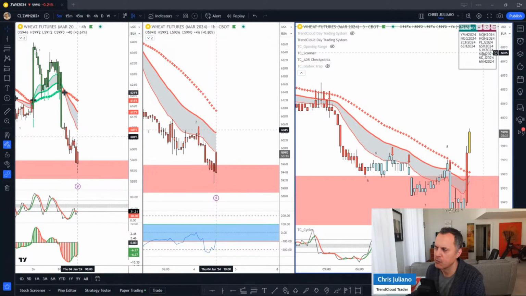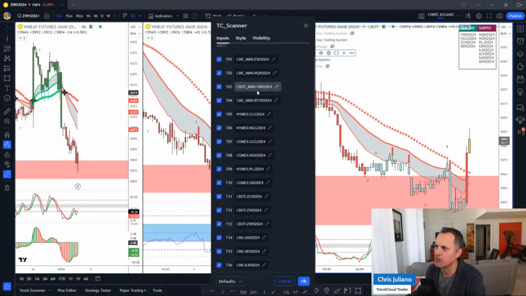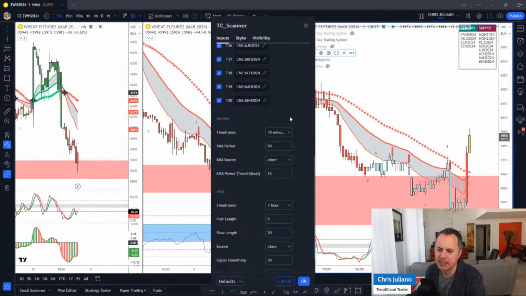And Javier, make sure on the zone scanner that you've got everything updated here. You have to update these manually, right? All the contracts. And what we're looking at lately is the 15-minute trend. We're lining that up with the 1-hour momentum.